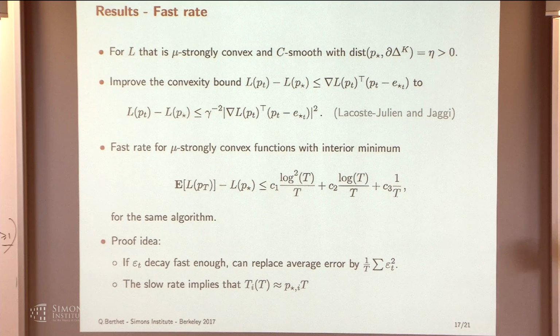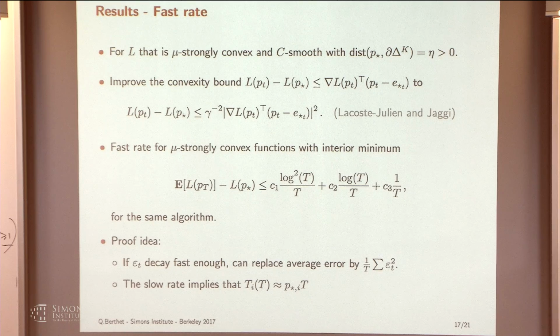The idea is that there's a convexity bound that we're using everywhere in our proof that can be improved under conditions where you have strong convexity and the minimum is bounded away from the boundary. This is a lemma from Lacoste-Julien and Jaggi that's hidden in their paper but very useful. From this we can get a fast rate for mu strongly convex functions with interior minimum with the same algorithm.